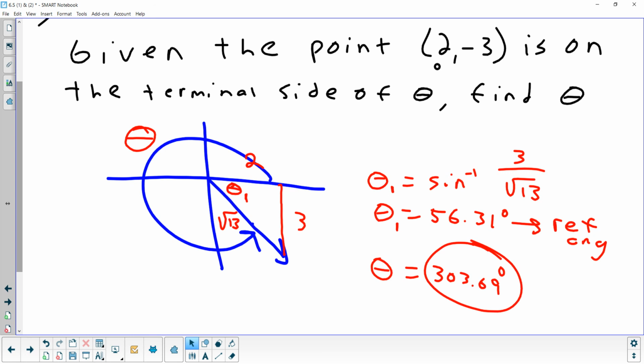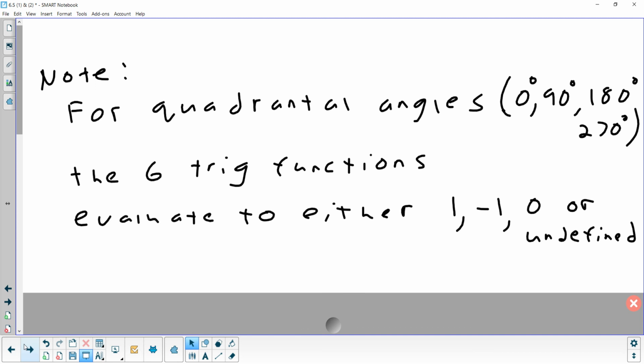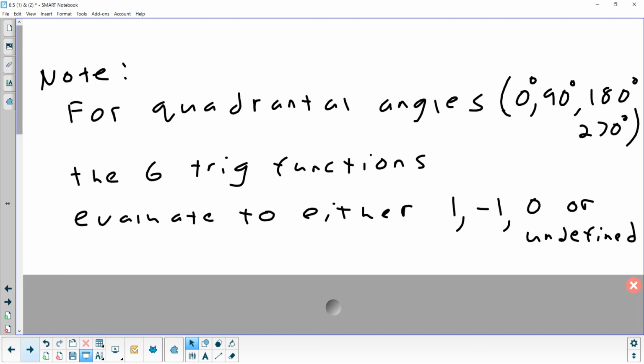Now, this inverse trig works fine as long as you don't have a point on an axis. Because if, let's say you had a point here, what's the x value of that point? It's 0. There are formulas we talked about today that have x in the bottom, so you could end up with a 0 in the bottom, and you can't really use inverse trig. You just have to remember that if you're on an axis, your angle is either 0, 90, 180, or 270.